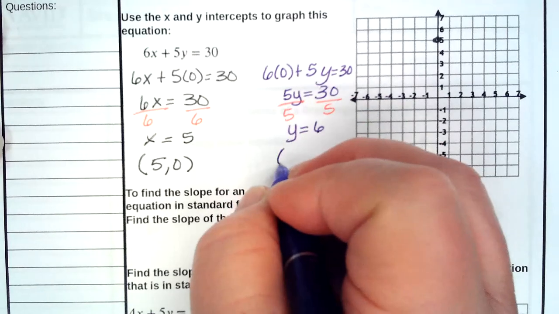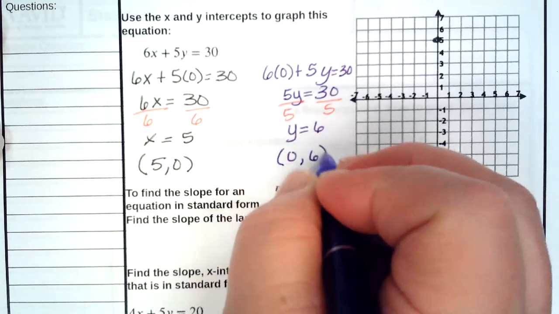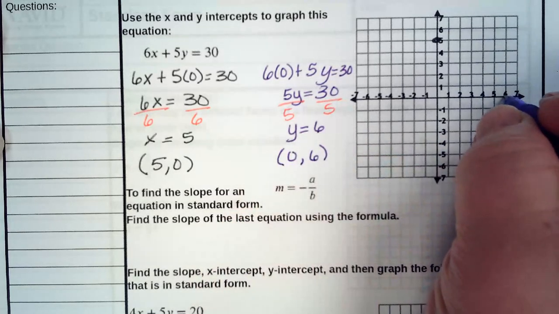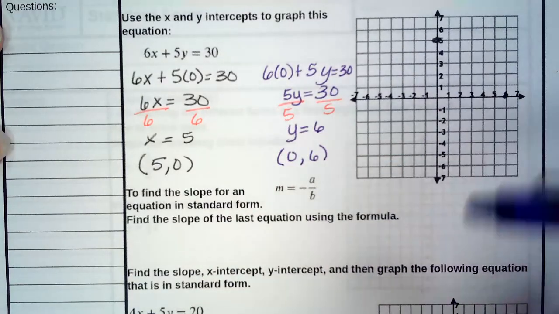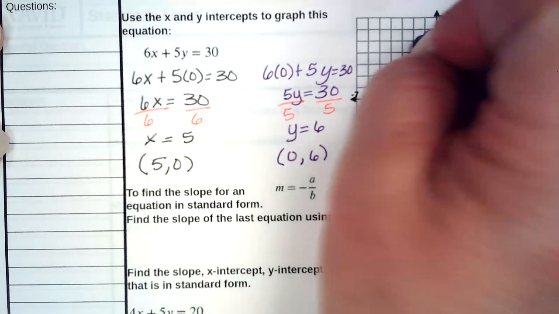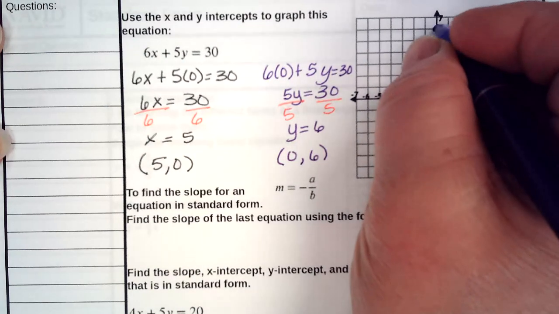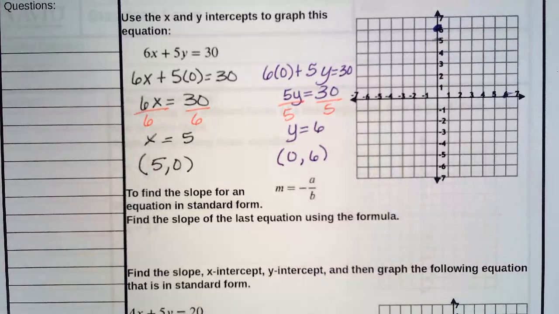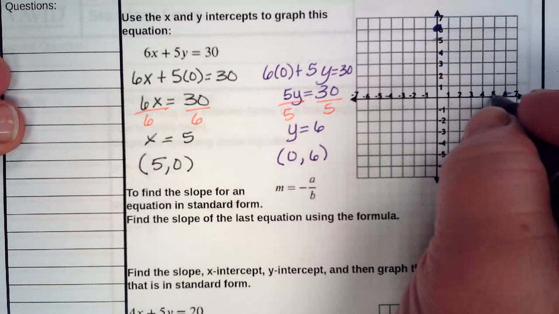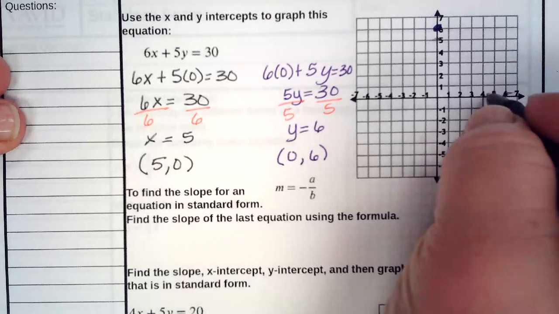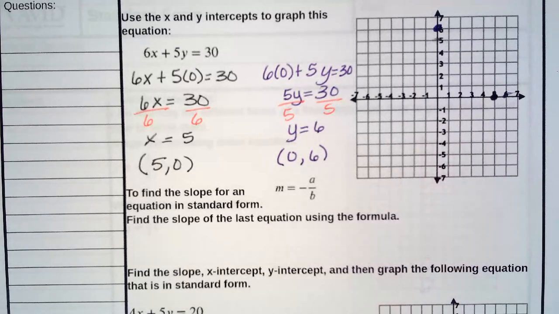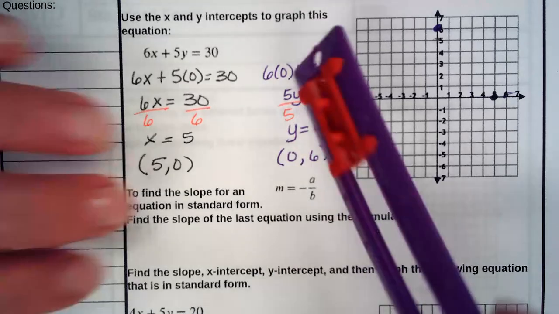This point is the point (0, 6). (0, 6) is up here. (5, 0) is over here. So I graphed the first one wrong. So draw your line.